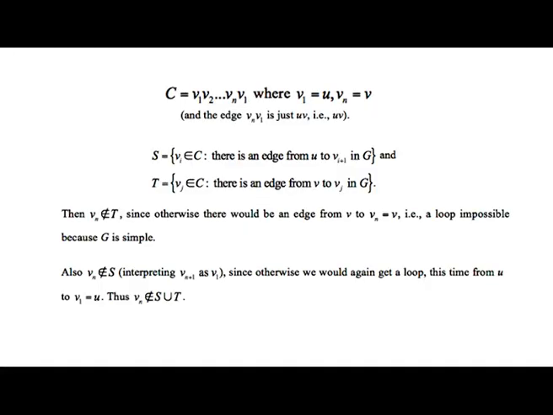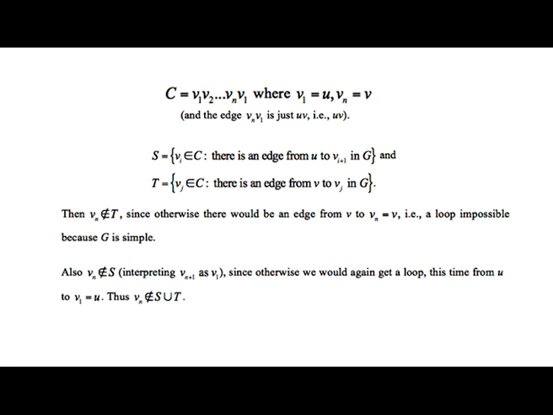Also, if C is a Hamiltonian cycle of G+uv, then it must contain the edge uv, since otherwise it would be a Hamiltonian cycle in G. Thus, choosing such a C, we may write C equal to v1, v2, etc., vn, v1, where v1 equals u, vn equals v, and the edge vn v1 is just uv.